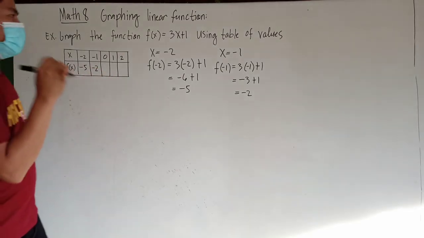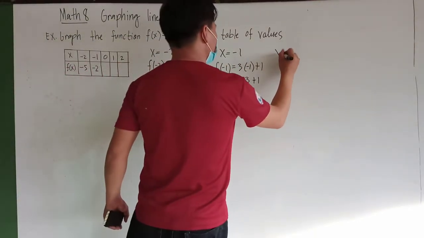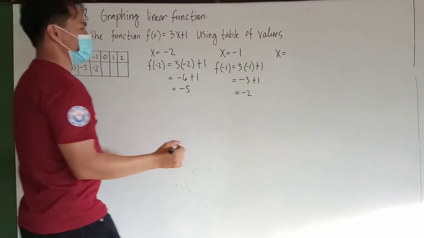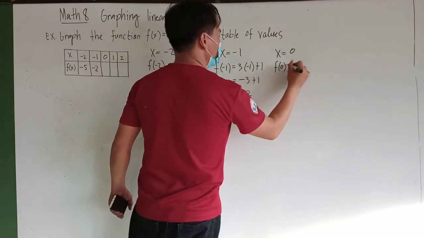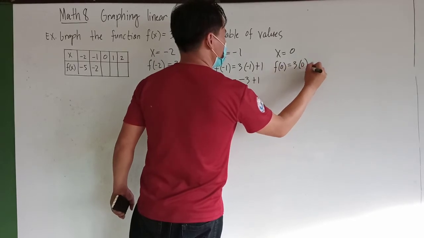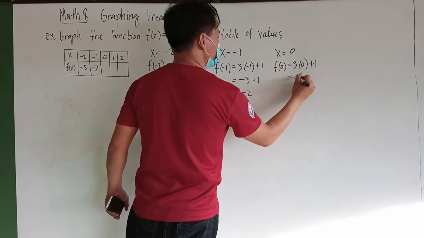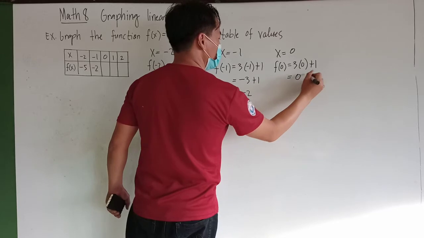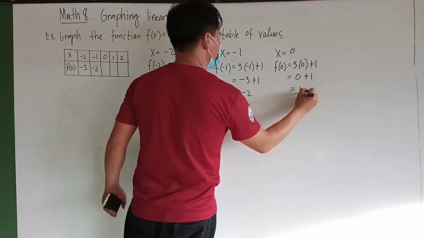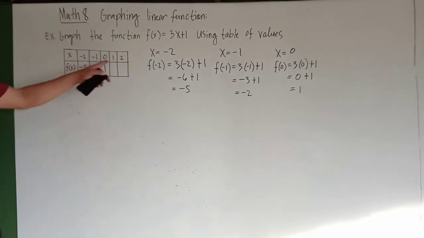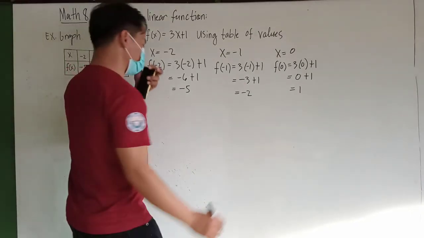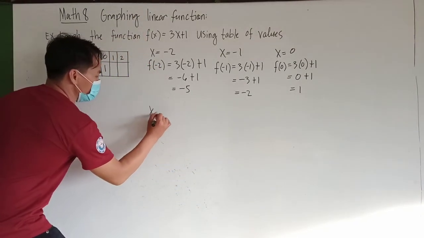Next, the next value of x is 0. Therefore, f(0) = 3 times 0, plus 1. 3 times 0 is 0, plus 1, and we have 1. So we have 1 in here. Next, we proceed with x = 1.